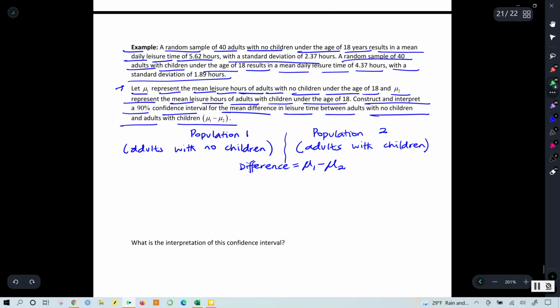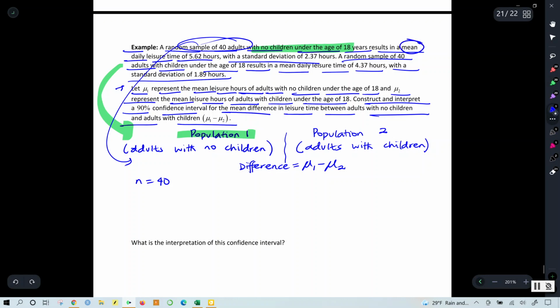What I have prepared here on the screen helps you to unpack the question. For population 1, this will be adults with no children under the age of 18. The sample size taken there, n, is equal to 40.